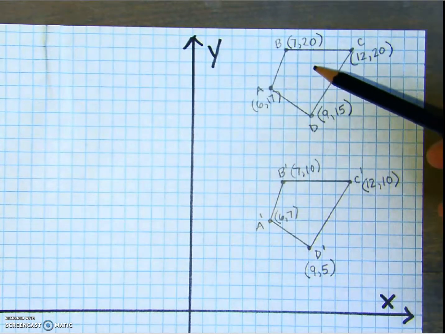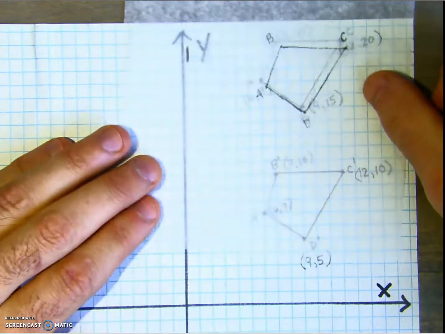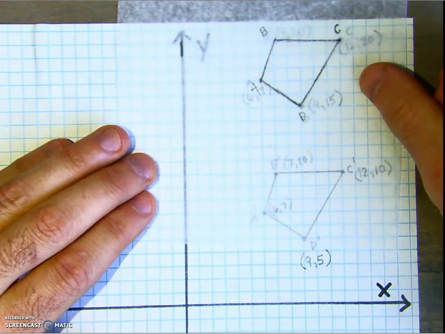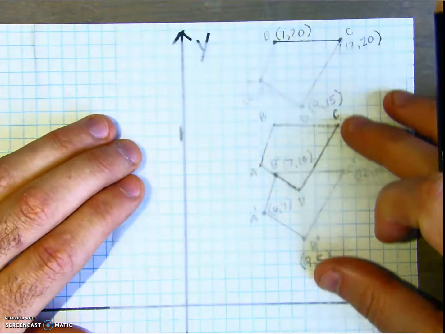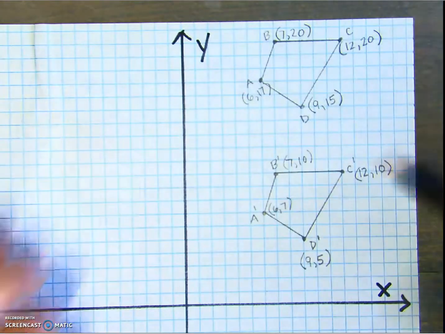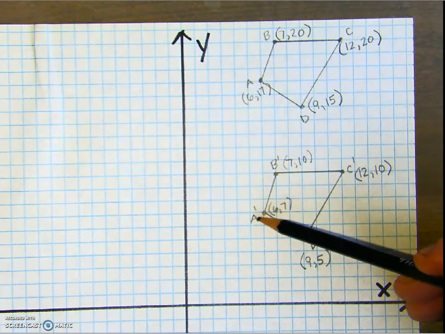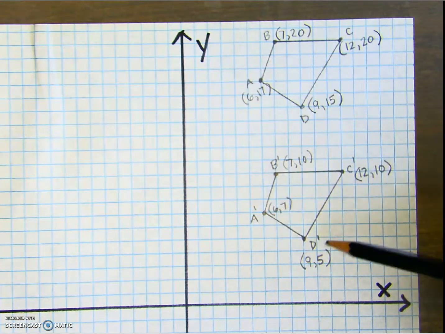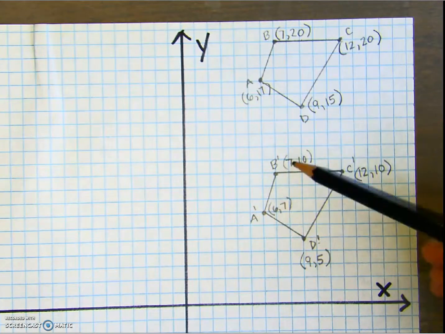Exact same picture as we had before, and all I did was translate it 10 units down. 1, 2, 3, 4, 5, 6, 7, 8, 9, 10. All the way down there. You can see that my new image has the correct labels, A prime, B prime, C prime, and D prime. And I've also already taken the liberty of finding all of its new coordinates.